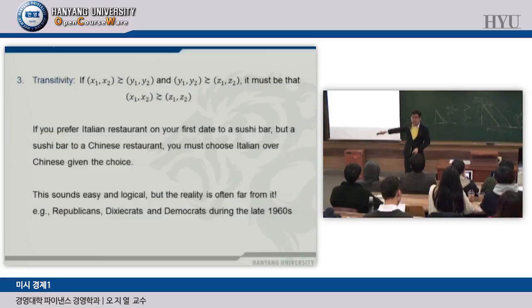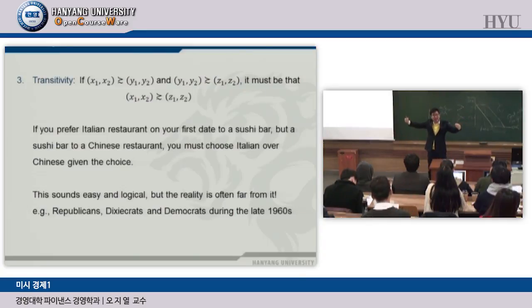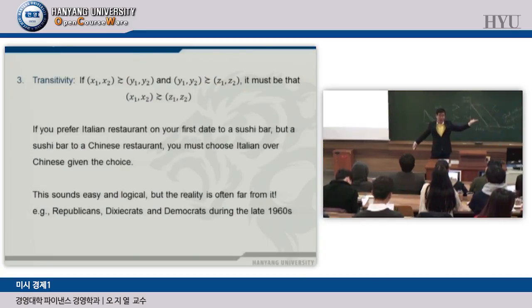So the preference relations went like: Northern Democrats preferred to the Dixiecrats, but Republicans preferred to Northern Democrats. So if transitivity is to work, if you place Republicans against Southern Democrats, i.e. Dixiecrats, Republicans should win, right?